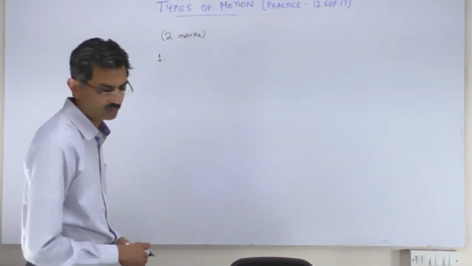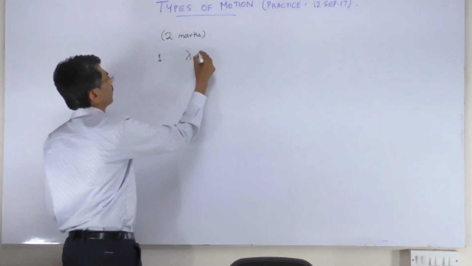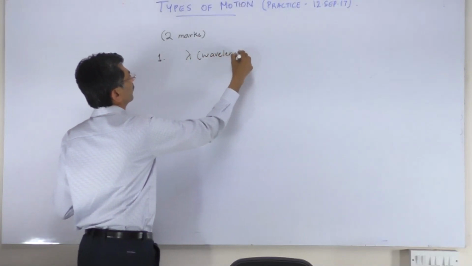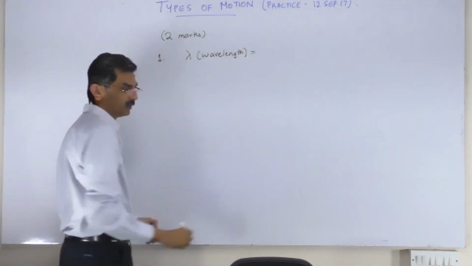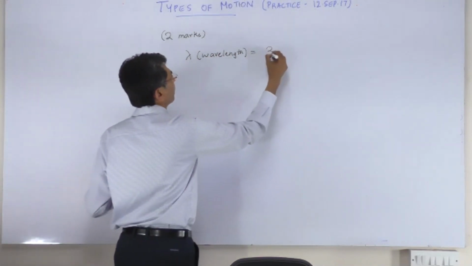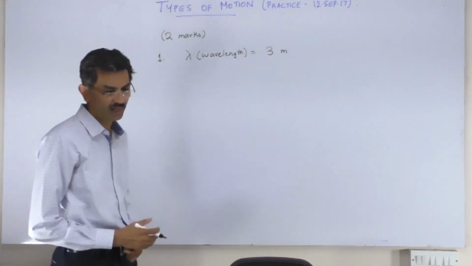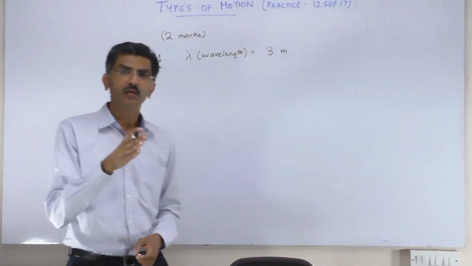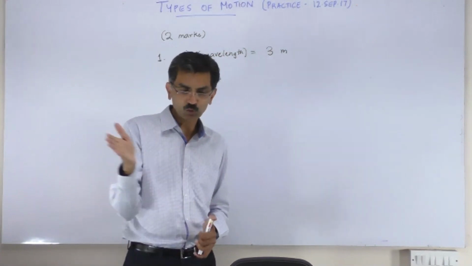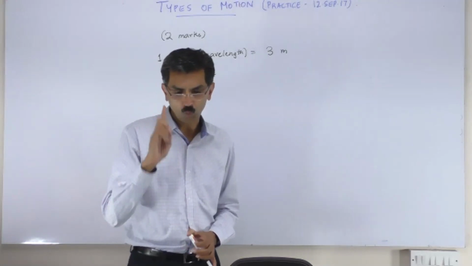This is a question where the wavelength of the wave is given, and the wavelength of the wave is 3 meters. And the question says that 4 waves pass through a fixed point in 1 second.